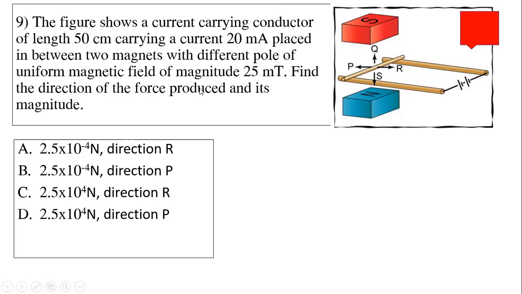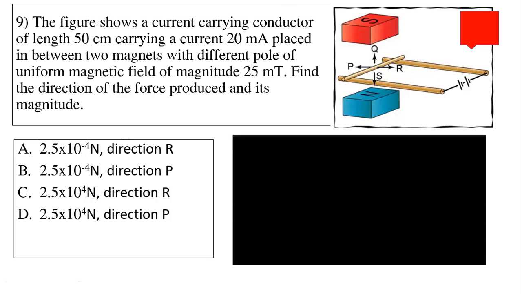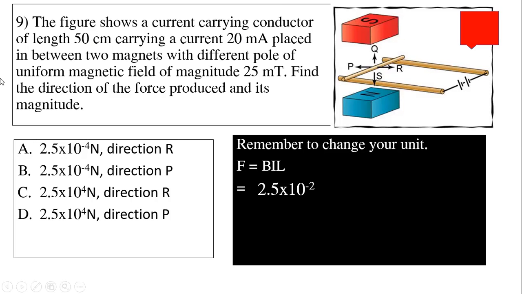Find the direction of the force produced and its magnitude. Remember to change the unit. Force is BIL. Just getting you to use the formula BIL, that's all. Change B to SI unit. And then your current, change it to SI unit. And then after that, apply Fleming's left-hand rule.